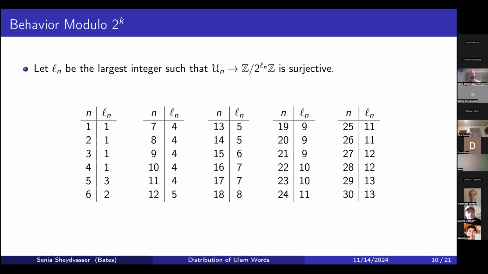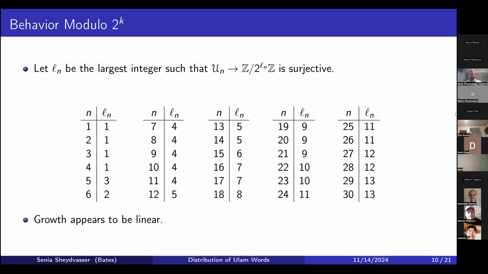So define L sub n to be the largest integer such that this projection map from U_n to Z mod 2^L Z is surjective. And this is the table that we got. This modulus gets larger and larger. Initially you only surject mod 2, then eventually you start surjecting mod 16, 32, 64.